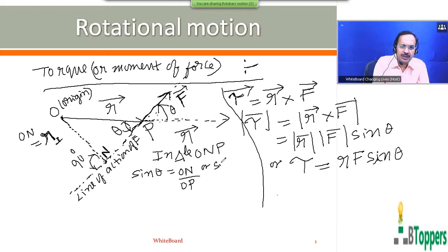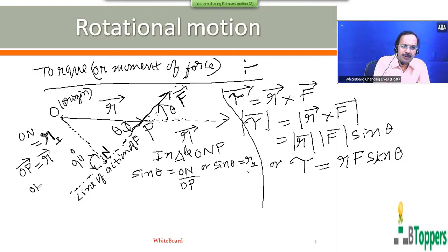The length of the line ON represents the perpendicular distance between the direction of the force F bar and the origin O, denoted by R subscript perpendicular. Here OP bar represents the position vector R bar of the point P at which the force is applied.